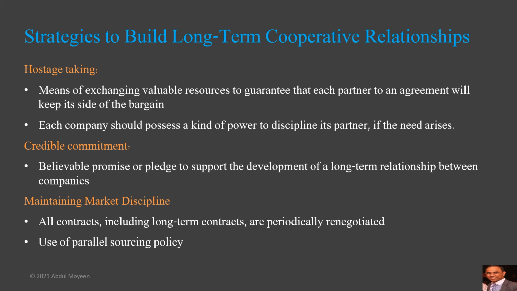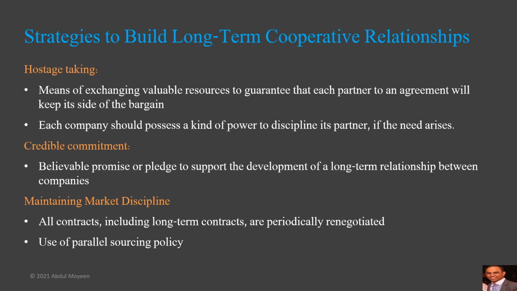Hostage taking is essentially a means of guaranteeing that each partner will keep its side of the bargain. Both companies should be mutually dependent, and there should be a win-win situation for both parties. Each company should possess a kind of power to discipline its partners if the need arises. Second is credible commitment.